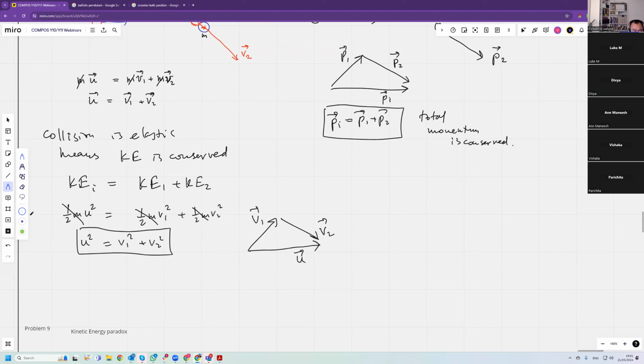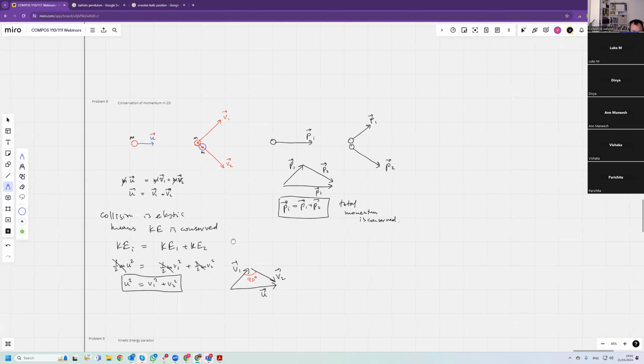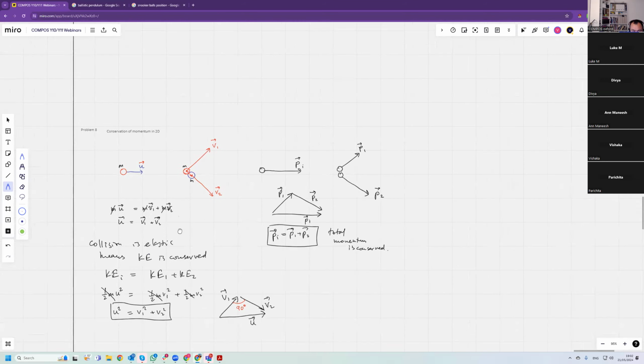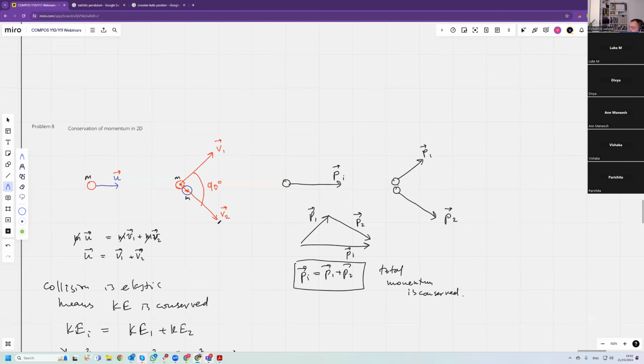It's a right angle triangle, indeed. Pythagoras theorem, this is 90 degrees. So in an elastic collision, two snooker balls, two objects of the same mass, will always leave at a 90-degree angle.